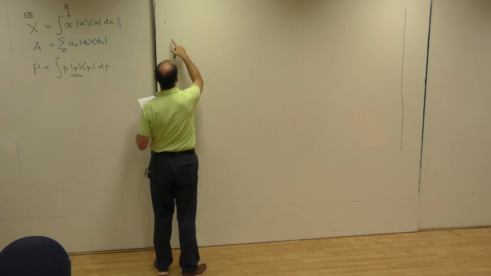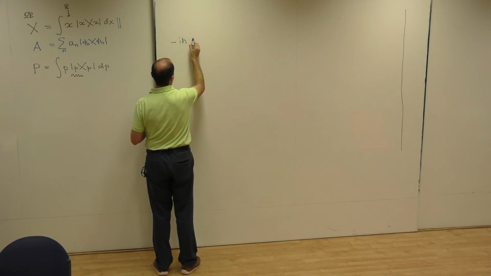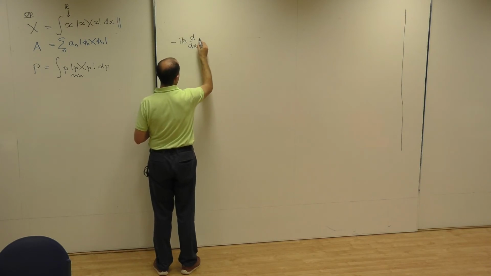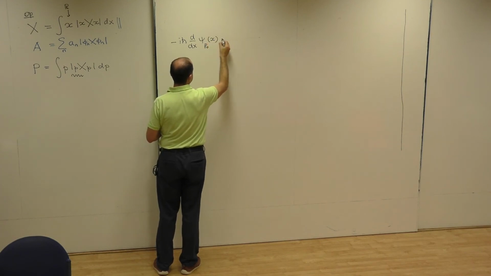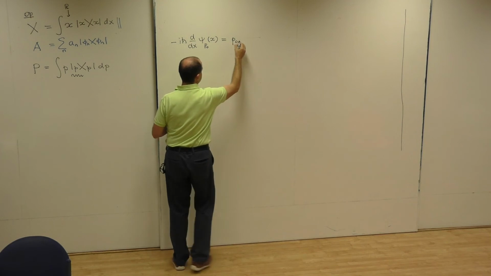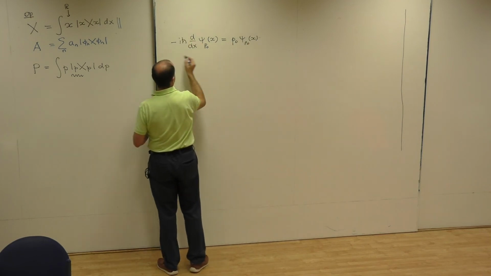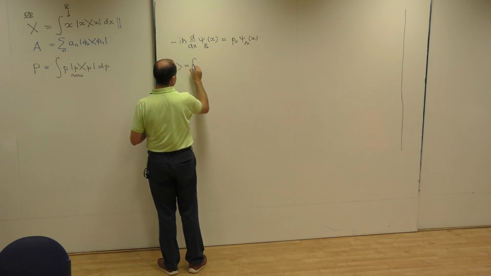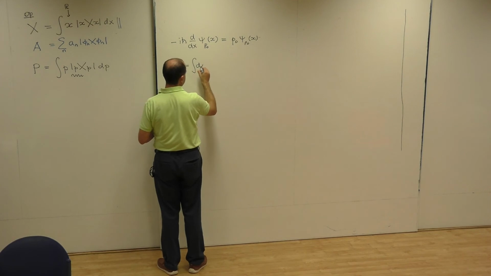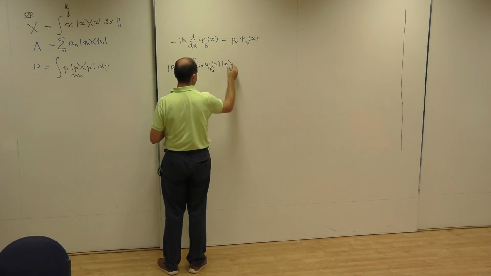What is the wave function? Well, I want a wave function such that minus i h bar d over dx of the wave function of given momentum, let's say psi p0 of x, is equal to p0 psi p0 of x. This would be the wave function, so I'm looking for the vector p0 whose wave function is like that.